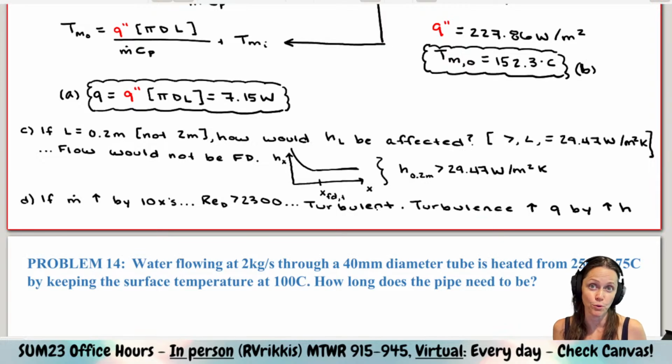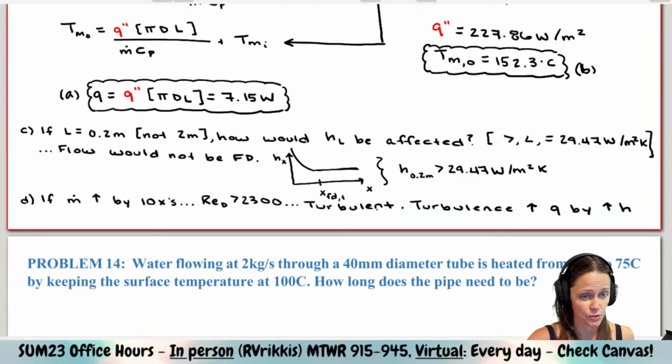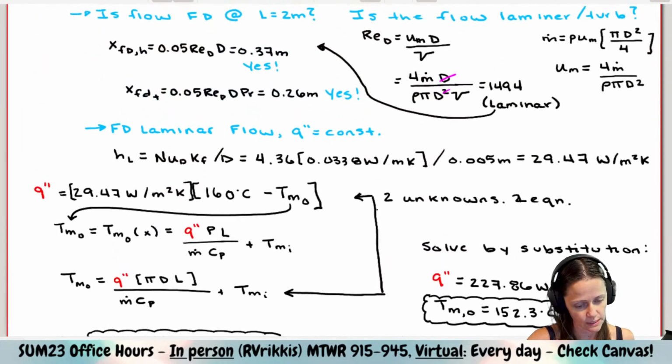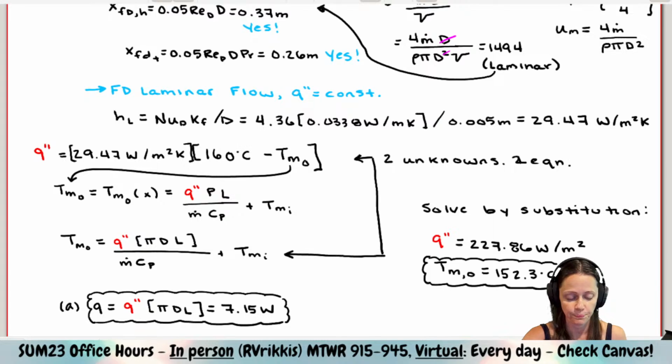It's the same for flow over a flat plate: turbulence is going to increase that heat transfer rate and that convective heat transfer coefficient. What was the original Reynolds number? The original one was 1494.